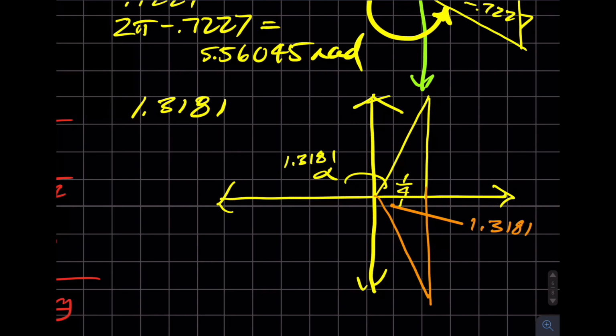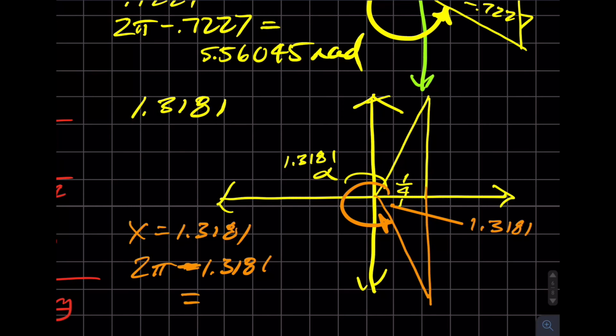It doesn't quite make it over that way. Then that means this angle is this guy. So my two possible angles here are 1.3181 and, again, 2 pi minus that same reference angle, 1.3181, which is equal to 4.965085 radians. So there are four possible answers.